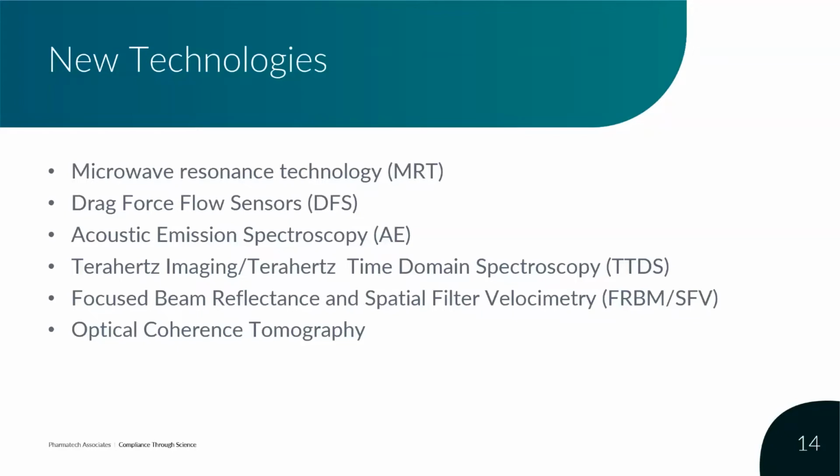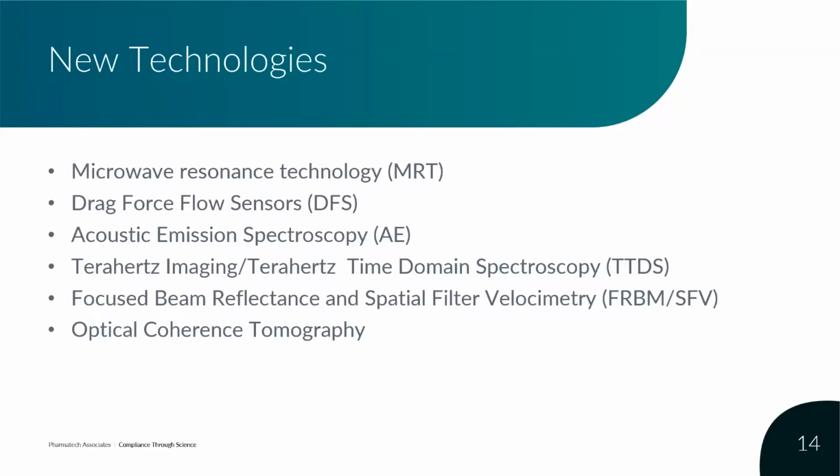We've talked a lot about particle size, and two of the most important technologies that can be used to determine particle size during the physical processing are the focused beam reflectance and spatial filter velocimetry probes, where essentially particle size and shape can be determined using these sorts of measurements.